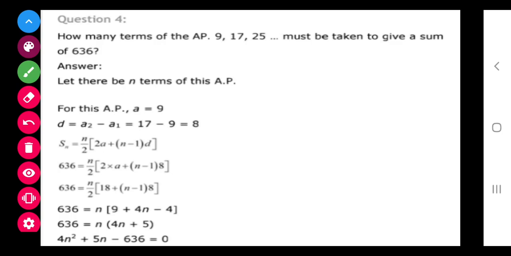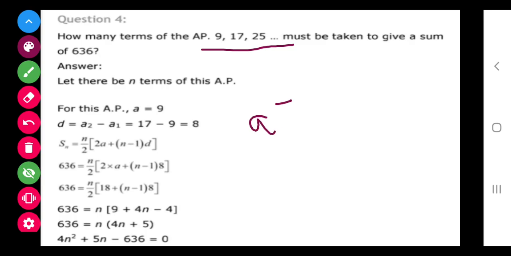So class, first of all, in this question it is given: how many terms of the AP 9, 17, 25 must be taken to sum up to 636? So what is given here? Here the thing given is the AP.